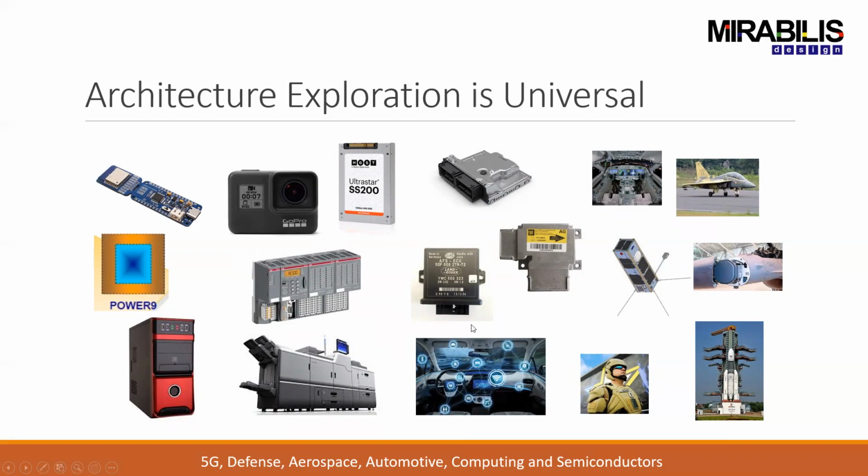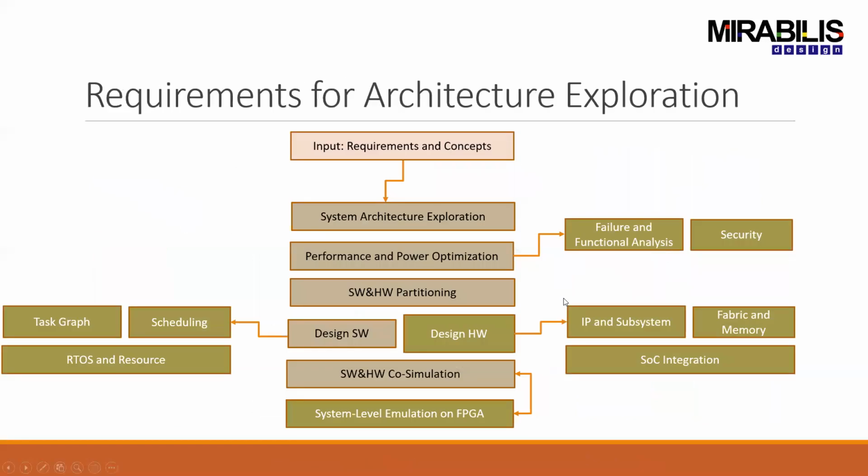Pretty much any application that involves electronics can use architecture exploration and really will benefit from architecture exploration. Now, architecture exploration, as you saw earlier, starts from a very, very early conceptual stage and can go down all the way through your product development flow.